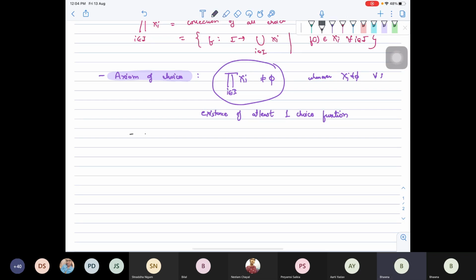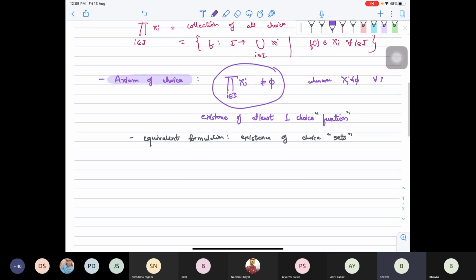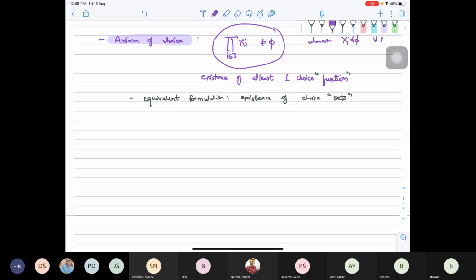Which says that we have an existence of choice sets. Equivalent formulation, existence of choice sets. That means what? It's a function, then it's a set. So suppose we have an arbitrary collection of non-empty sets.